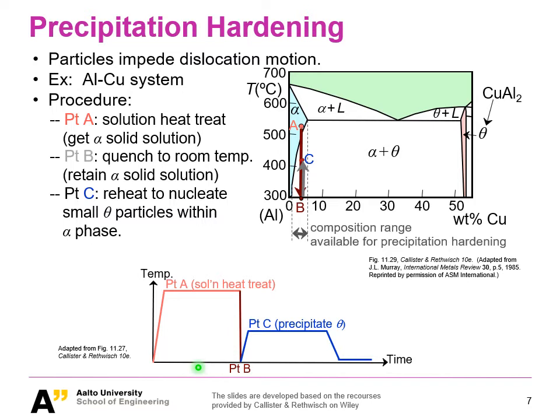The difference is that quenching and tempering is in the end to soften your material, but precipitation hardening is to harden your material. At least that's our goal. And I will show you how that is done.